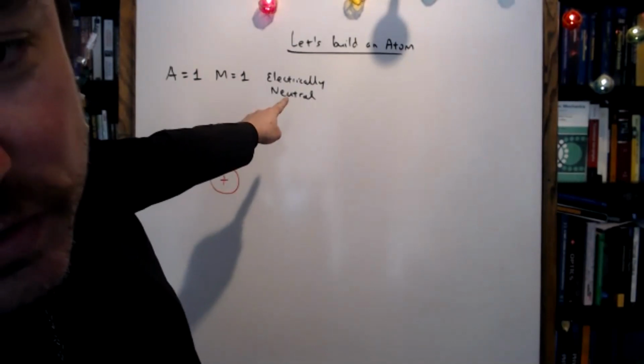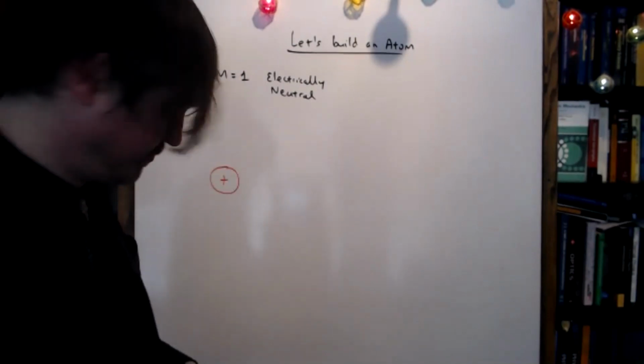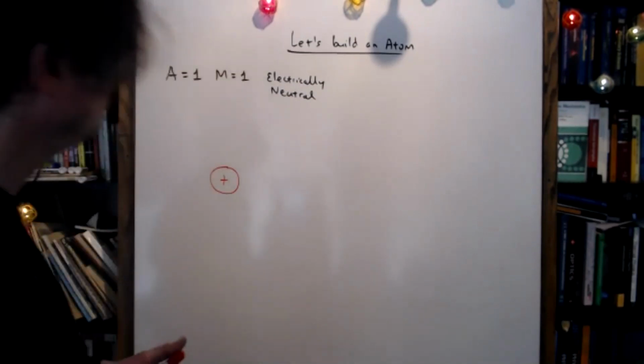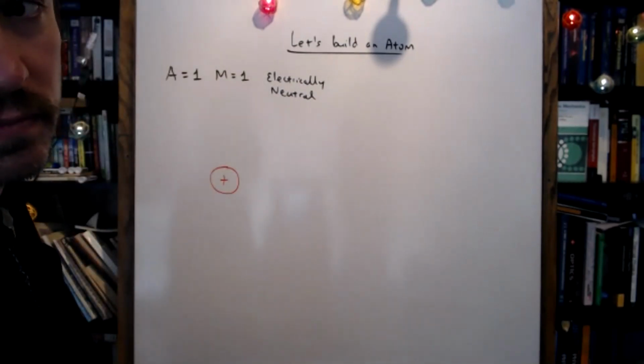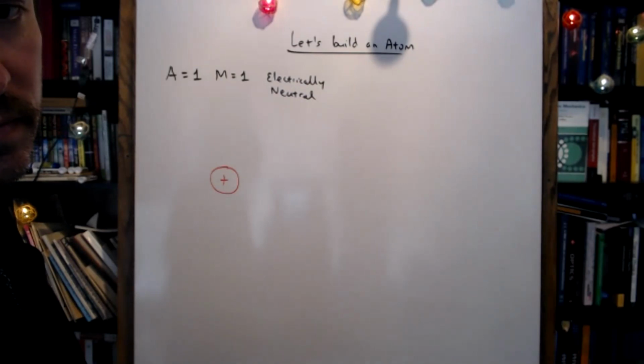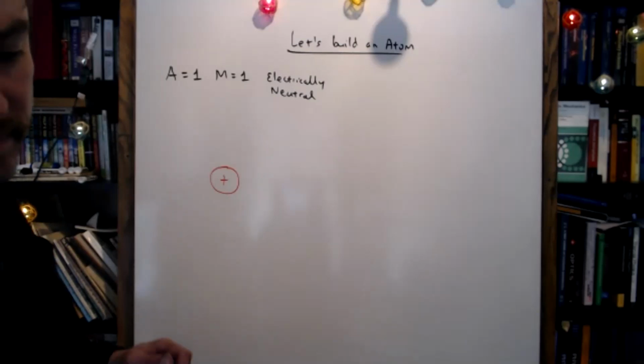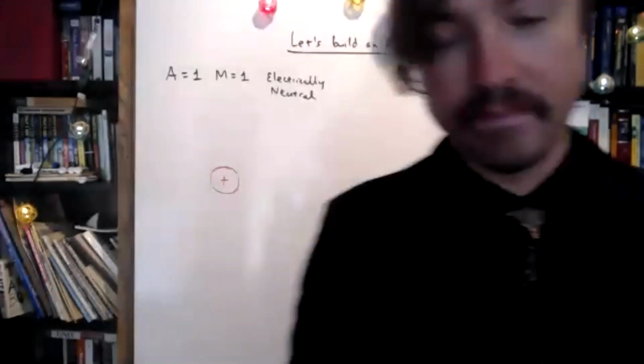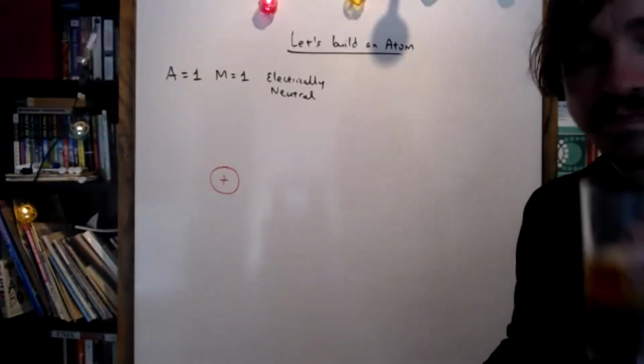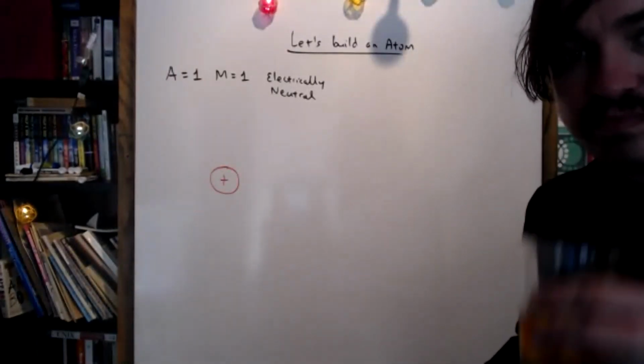What about the electrically neutral business? What does that mean? The number of protons equals the number of electrons. So how many electrons do I have in this atom? I'm not sure. Yes, you are.